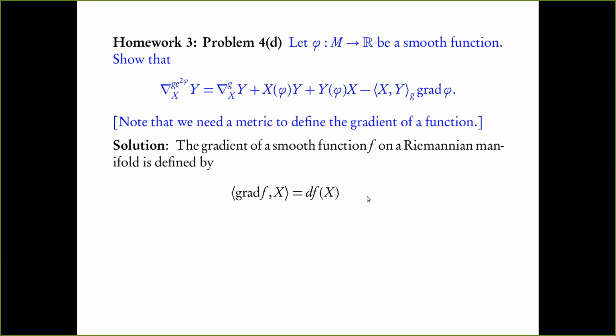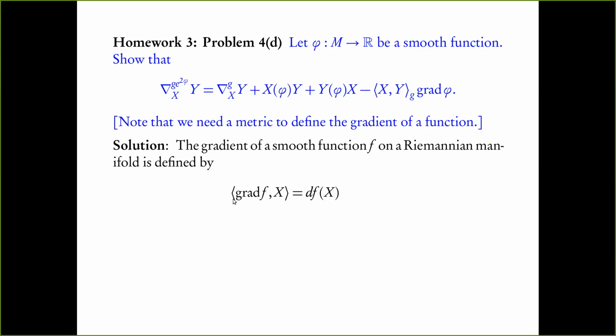Remember, f is a smooth function, so df is a one form, and df acting on a vector field is a function. So you're defining it implicitly, because you're not saying what this is as a vector field. You're using the fact that this inner product is non-degenerate, like we have been using in the last two questions, to define this implicitly, but it's still well defined because you can solve it locally, uniquely, and so on. So this is the definition of gradient of f.